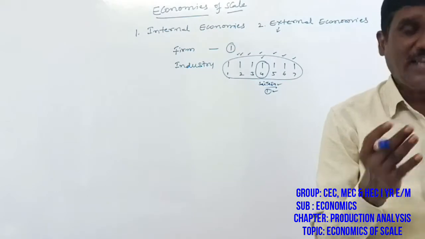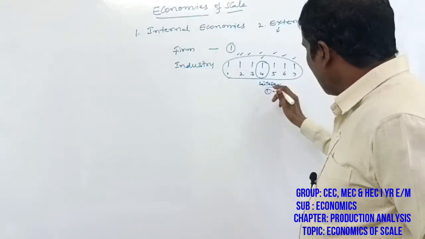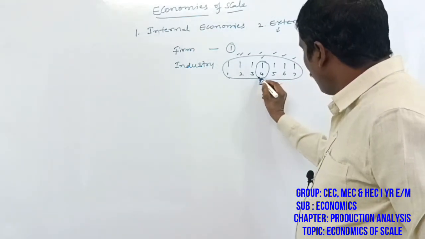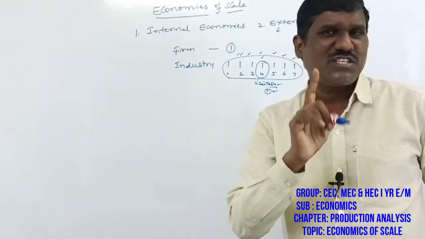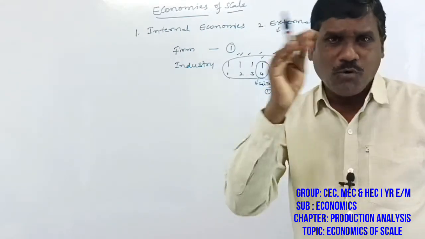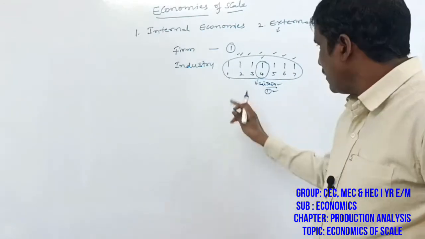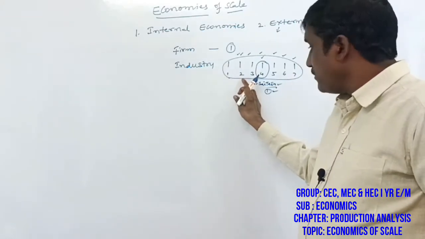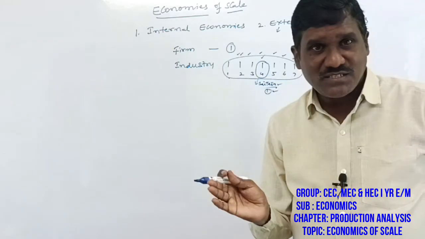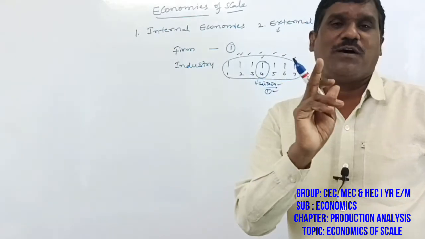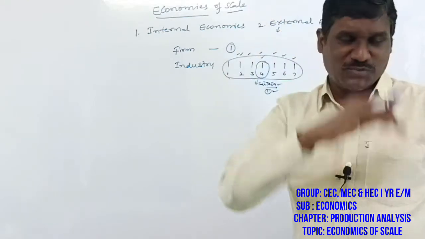In the same way, in an industry, why does a single firm get more output? One firm is there, two firms, three firms, and five, six firms are there. But only one firm increases its output.